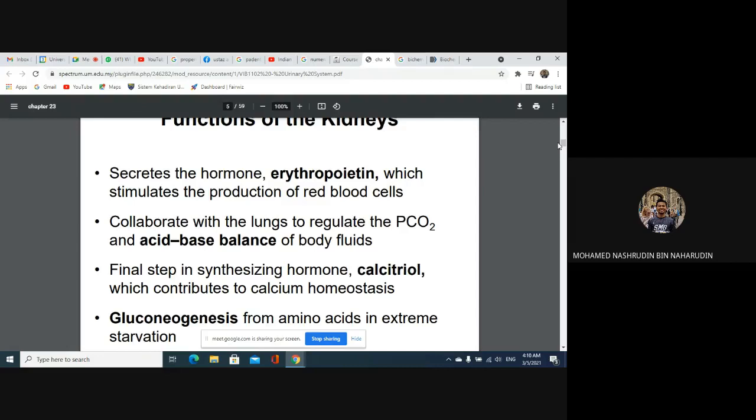So it detects in the kidney whether the person's red blood cell count is below the standard level, so erythropoietin will start to be secreted within your body, and that's the role of the kidney.